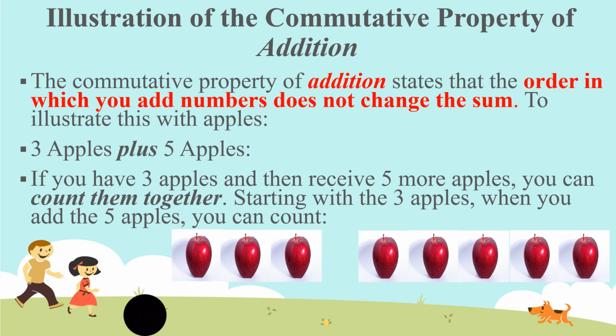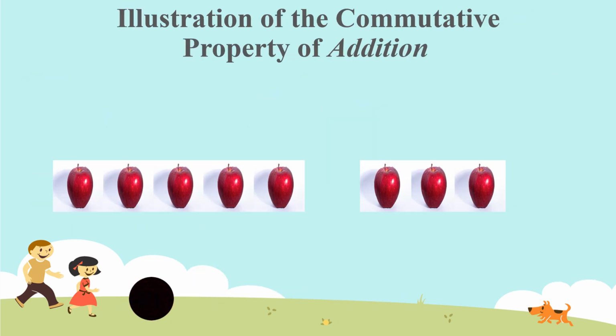When you add the 5 apples, you can count 1, the first apple, 2, the second apple, 3, the third apple, 4, the first of the new apples, 5, the second new apple, 6, the third new apple, 7, the fourth new apple, and 8, the fifth new apple. This gives you a total of 8 apples.